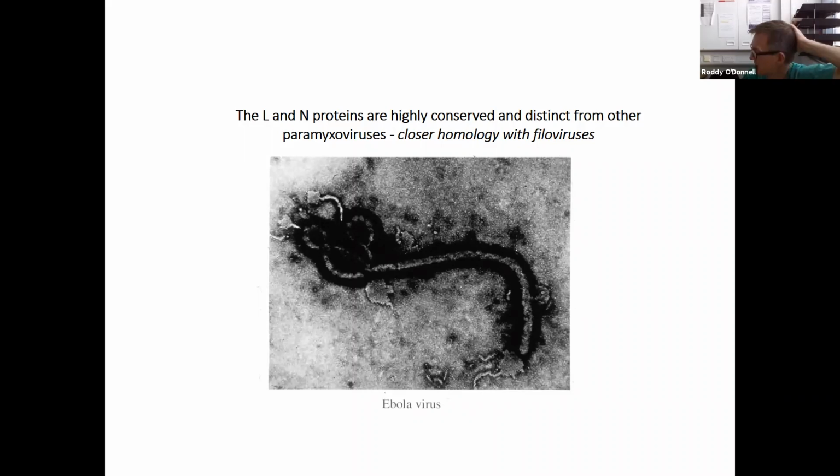So if we look at other viruses, you remember I was saying that within the mononegavirales there are things like measles. If you look at paramyxoviruses, which are included in the mononegavirales group, although RSV looks like measles microscopically, the polymerase and the nuclear proteins actually show much closer homology to filoviruses.